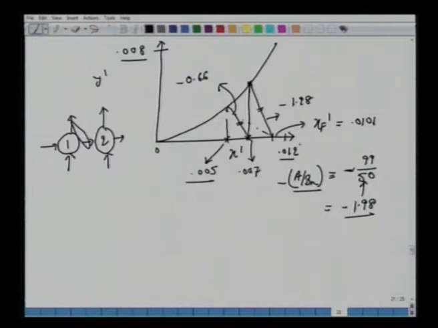So in the first stage we have reduced the concentration from 0.012 to 0.007. In the second stage we have brought it down to 0.005. Again take the same line, same slope, and plot here. You should be able to read this number for the third stage as 0.0034. So now we have the third stage, and this raffinate concentration is 0.0034.